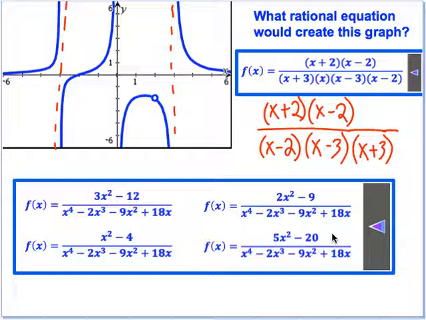So we have these three options. I will tell you, of all of these, there's only one of them that would not give you a graph that looks like this. On your test, it's going to be different. But one way you can check is graphing each one and checking if they have the right functions. With your x plus 2 and x minus 2, you should have x squared minus 4.